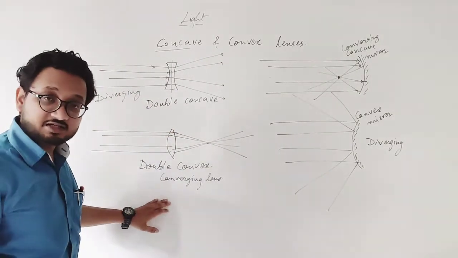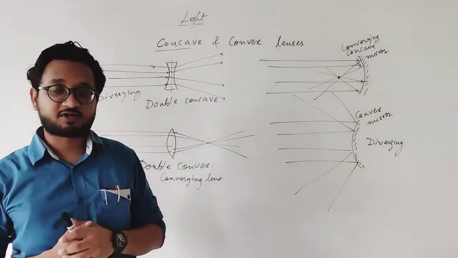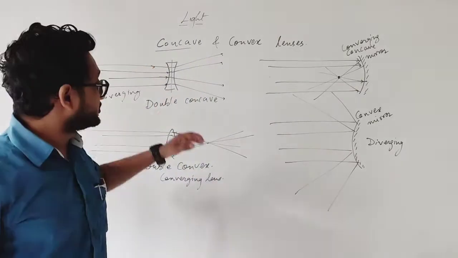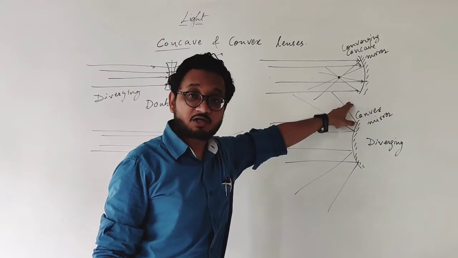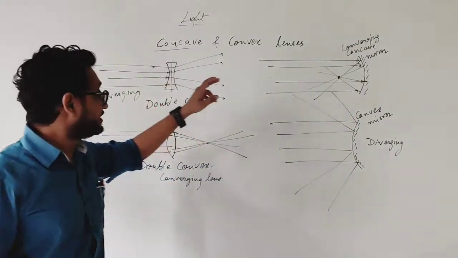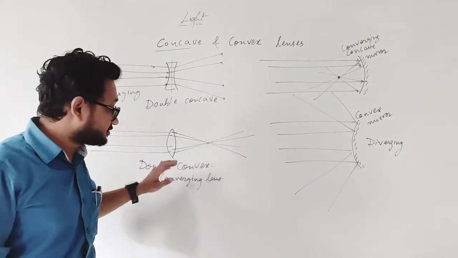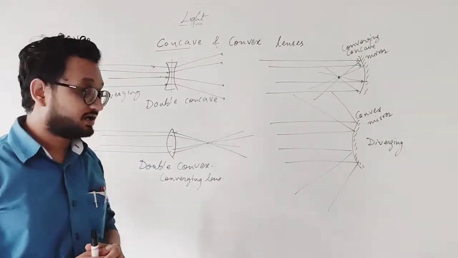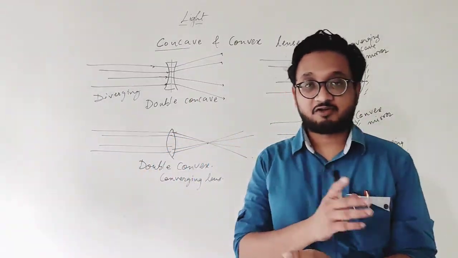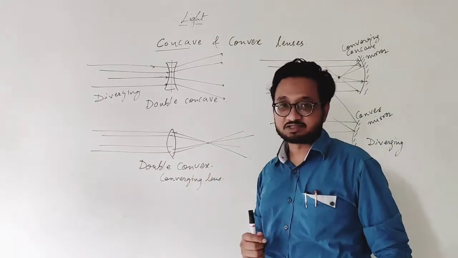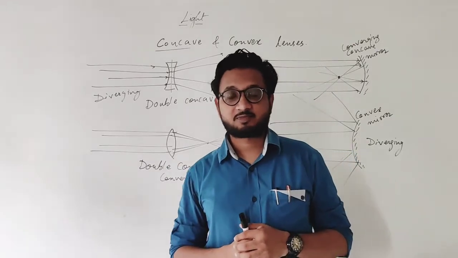Similarly, convex lens is a converging lens, but convex mirror is a diverging mirror. So the properties have been changed. In mirrors, concave mirror was a converging mirror, but in lenses, concave lens is a diverging lens and convex lens is a converging lens. I hope it is clear to you, students. The properties of the mirrors have been reversed when it comes to lenses. Is it clear, students? Okay.